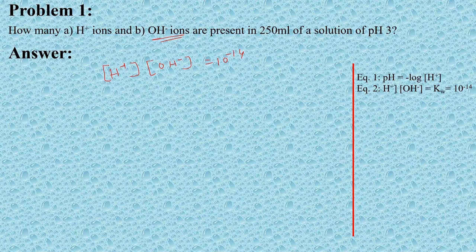So if I take negative log of both sides, then negative logarithm of H plus concentration minus negative log of OH minus concentration is equal to 14. That means pH plus pOH is equal to 14.